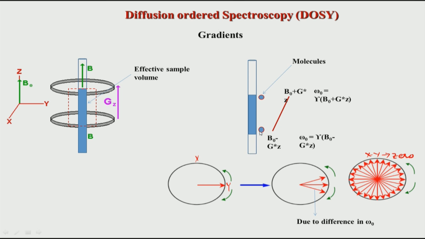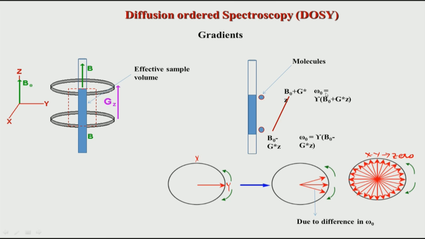The one at the bottom experiences B0 minus the gradient times this coordinate, because the bottom coil carries current opposite in direction to the top. So, top and bottom oppose each other. The top portion will be along the magnetic field B0, and the bottom magnetic field generated will be opposing the main magnetic field. Therefore, we can write the bottom part of the sample as B0 minus Gz and the top part of the sample as B0 plus Gz.